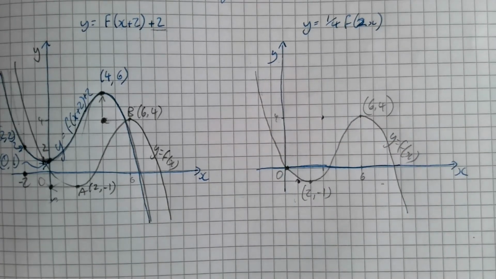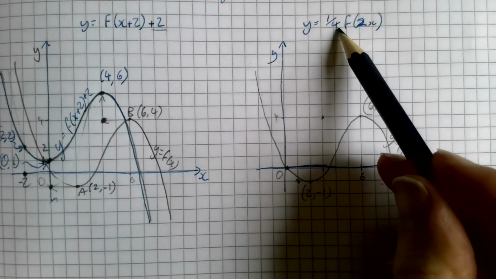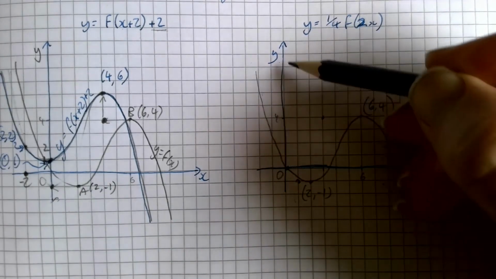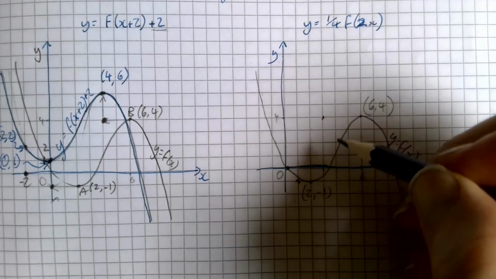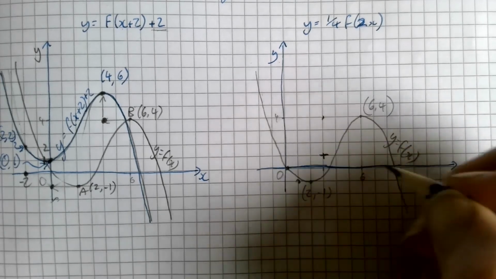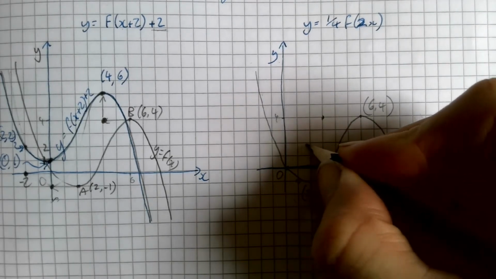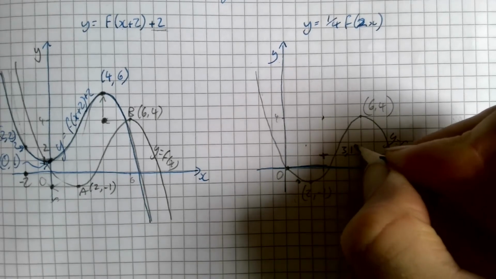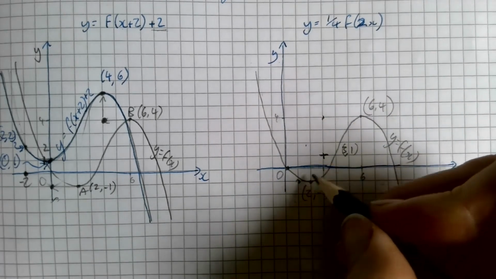And then what we've got to think is, what happens if you then do a quarter of that? Well, that's what's happening to the result. So you've worked it all out, and then it's having a quarter, which is going to shrink it still further, because that's going to be 1/4 on the y-axis. So instead of being 4 there, that's going to go to 1 there. So that is 3, 1 as the top of my curve.